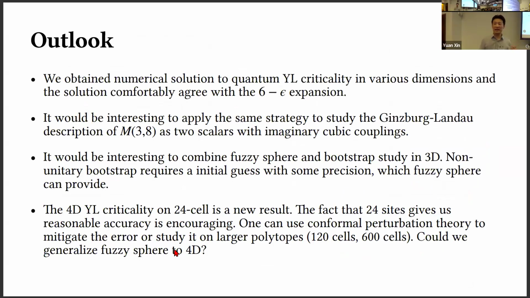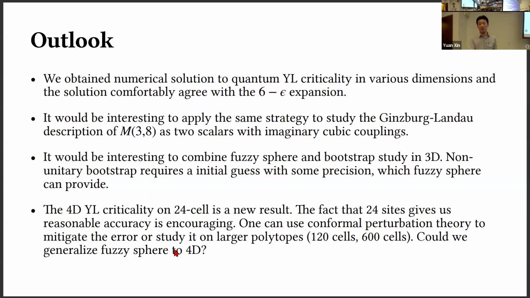I'll stop here. I just wanted to say that we obtained a numerical solution which comfortably agrees for Yang-Lee criticality, and which agrees with the 6 minus epsilon expansion. In the future, it will be interesting to apply the same strategy to the M3A series, which is discussed in Zimo's talk.